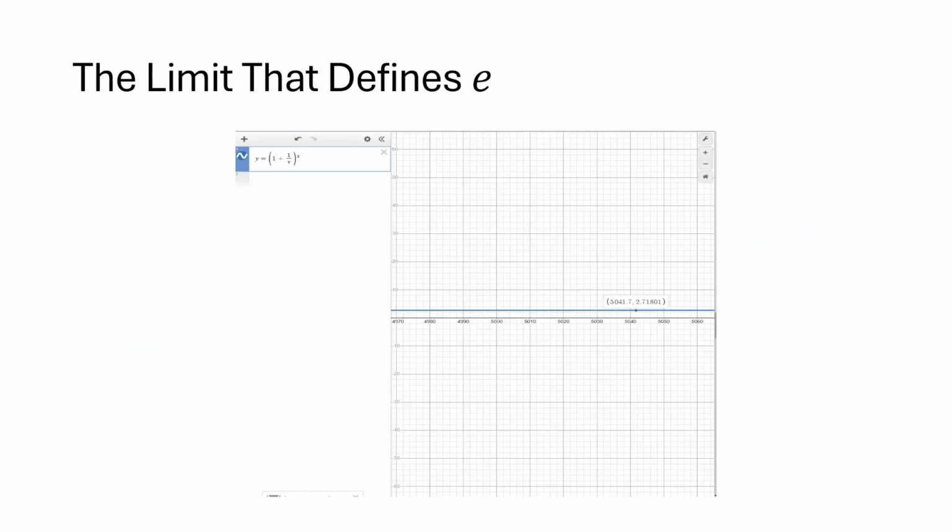Now going back to what we talked about earlier, with the 1 plus 1 over n to the n, and how n equals 1,000 gave us a pretty good approximation of e. I'm going to talk a little bit more about that. This right here, I graphed in terms of x, 1 plus 1 over x to the x. I went really far in, so that's why it's not a straight line. If you go closer to the origin, it's an actual curve.